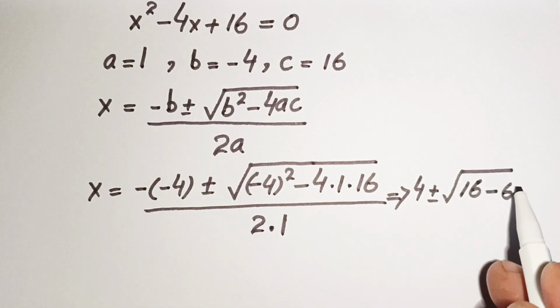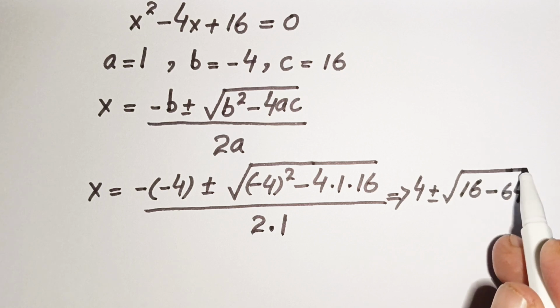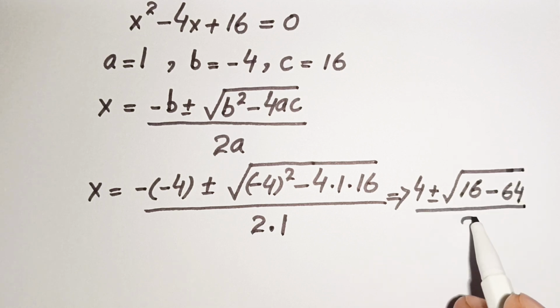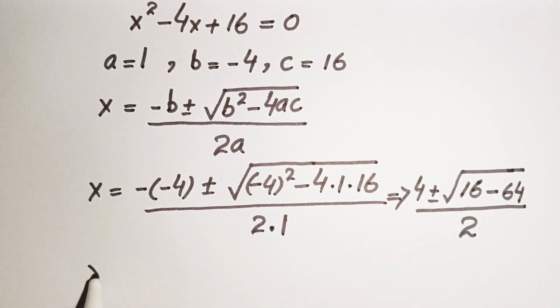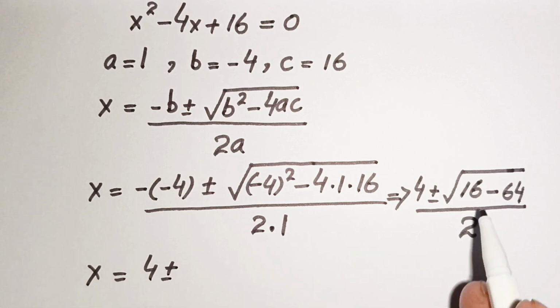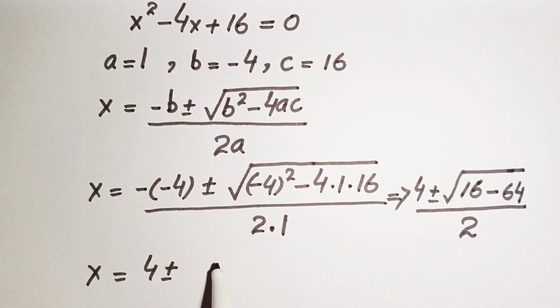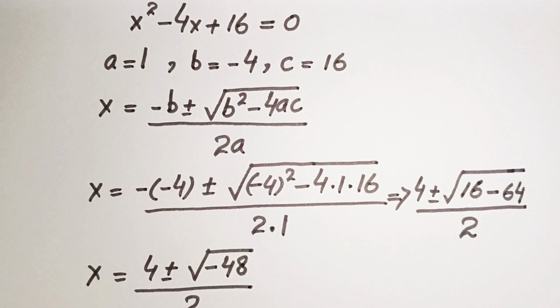So that is 64, all over 2 times 1, which is 2. Now x = 4 ± √(16 − 64), and 16 − 64 is −48, all over 2.